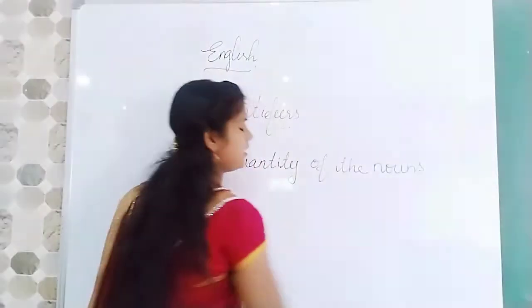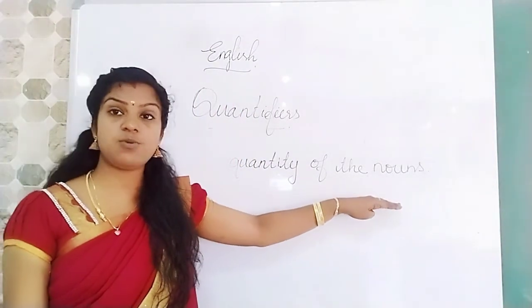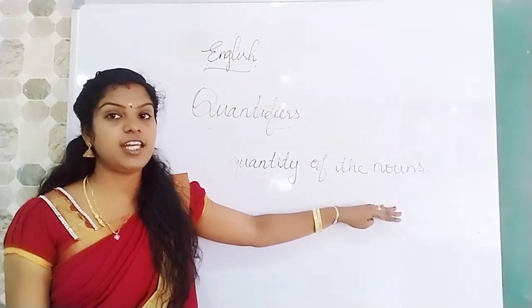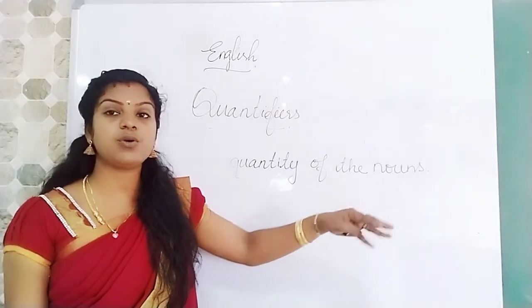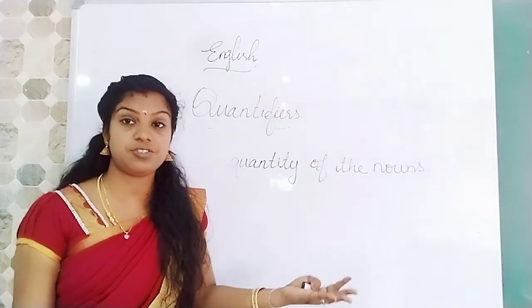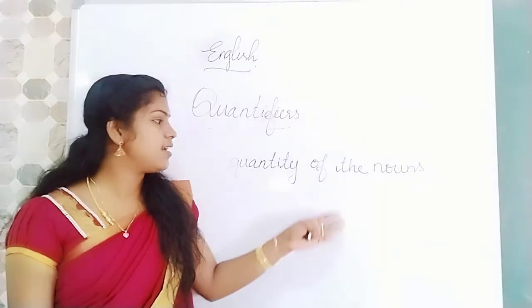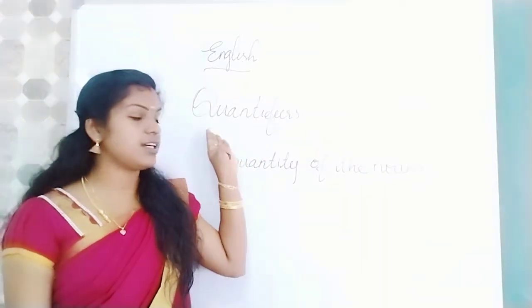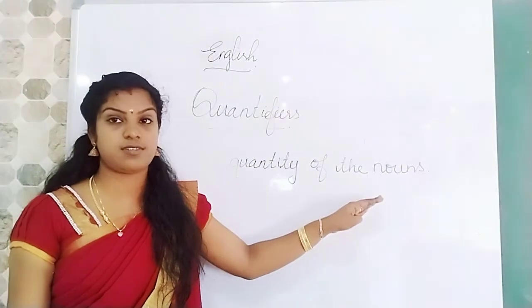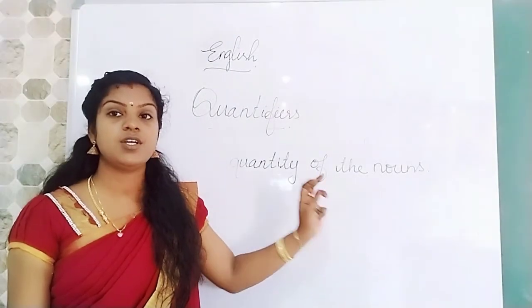For example, you know about nouns, right? What do you mean by noun? A noun is a naming word. You know countable noun, uncountable noun, then proper, common, collective, right? Quantifiers tell us about the quantity of the nouns. For example, chocolate.